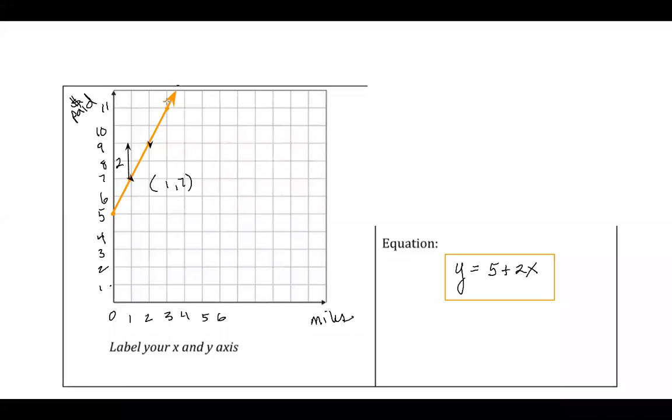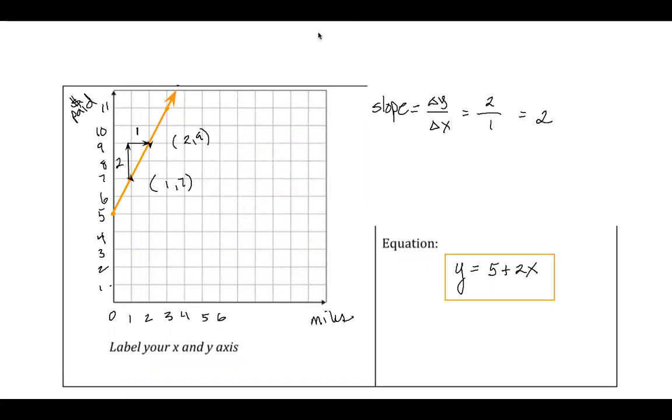And then if I head back to my line, I will end up at the point 2, 9. And the run is going to be 1. So the slope of this graphed line right here is the change in y over the change in x. Change in y is 2, change in x is 1. So the slope is 2, right?